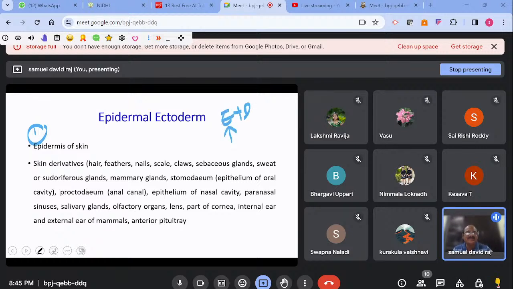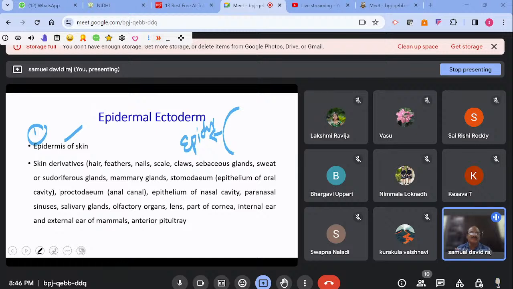Epidermis is derived from ectoderm and dermis is derived from somatic mesoderm. Somatic mesoderm, that's what you have to remember. So ectoderm gave rise to the outer layer of the body wall, that is epidermis.